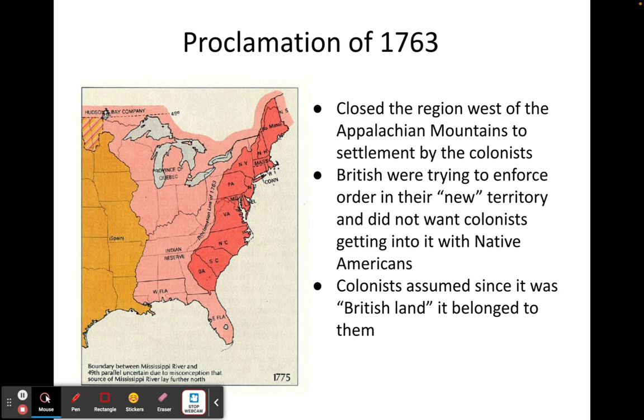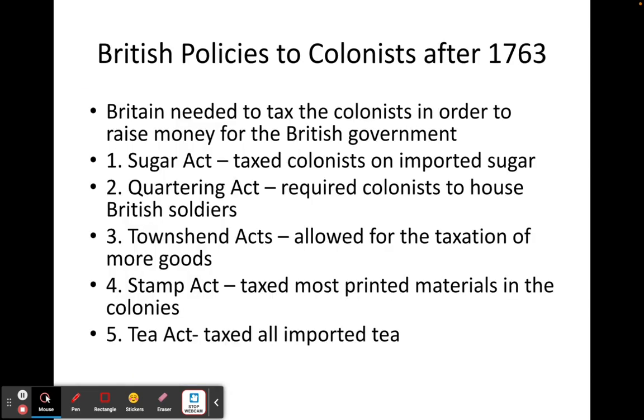But the colonists thought, well, if this land that you see over here in the pink, this salmon color, is British land and we're British subjects, then why can't we move into this territory? So very quickly, they become annoyed by this proclamation. But there will be other changes that follow.